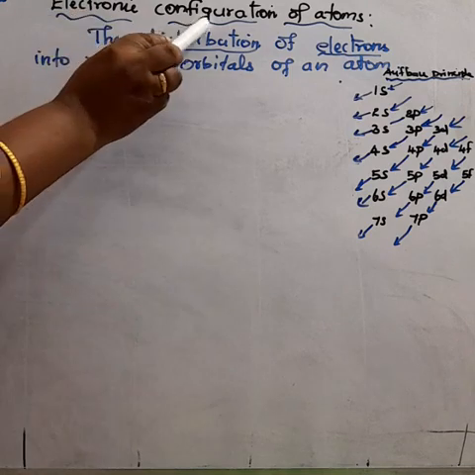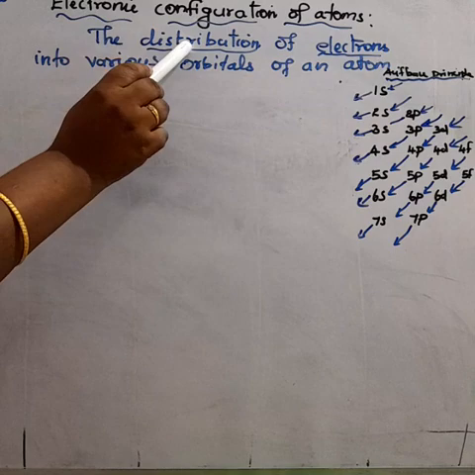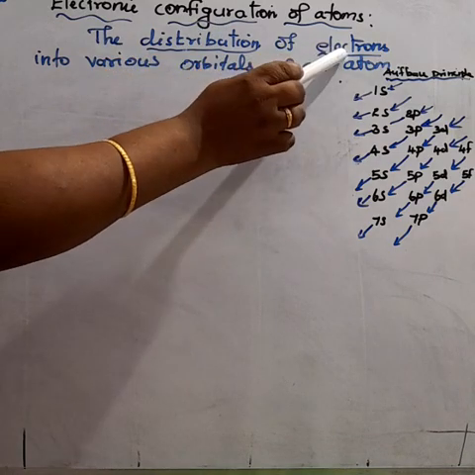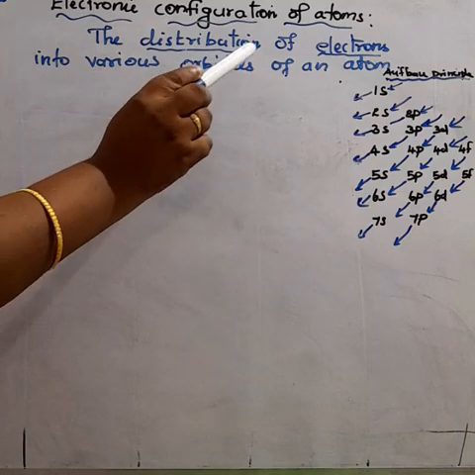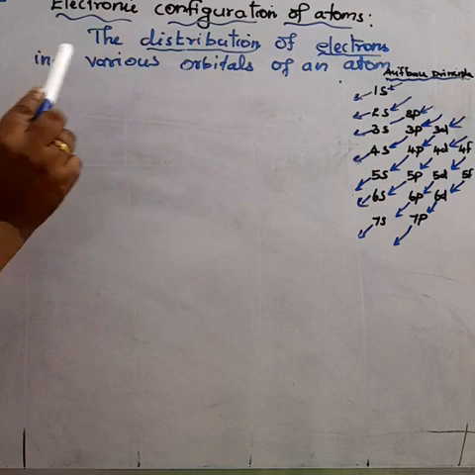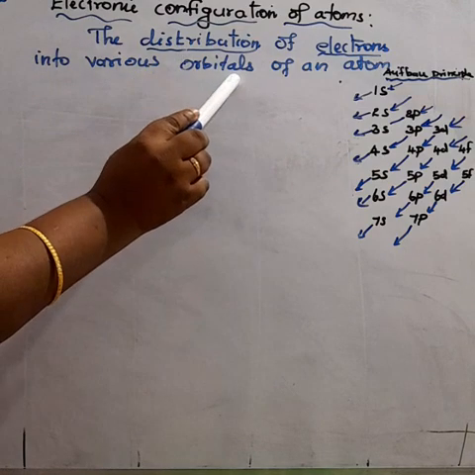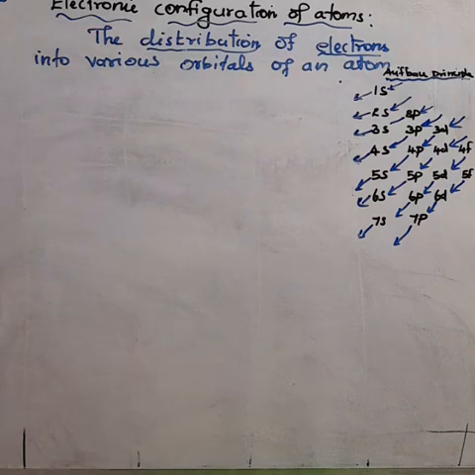What do you mean by electronic configuration? Electronic configuration means the distribution of electrons into various orbitals. The distribution of electrons into various orbitals of an atom is called its electronic configuration. Understood?